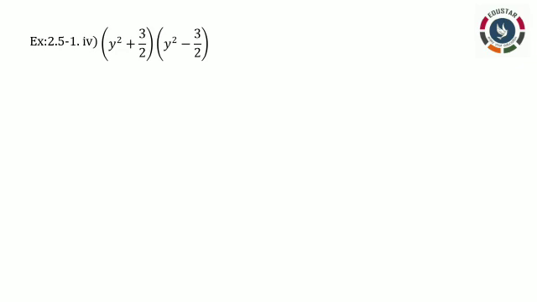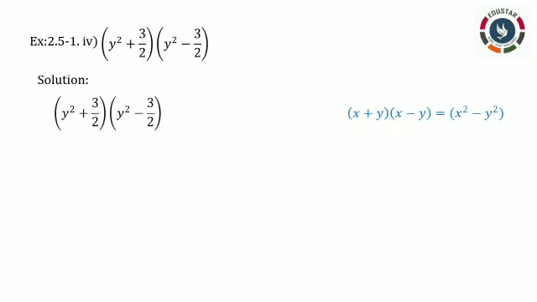See here, this y square, consider it as x and that 3 by 2 as y. So, it is of the form x plus y into x minus y. So, which identity it is? Third identity, that is x plus y into x minus y is equal to x square minus y square.